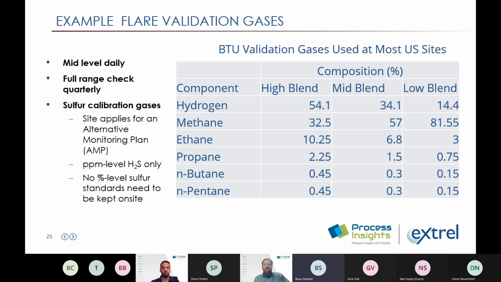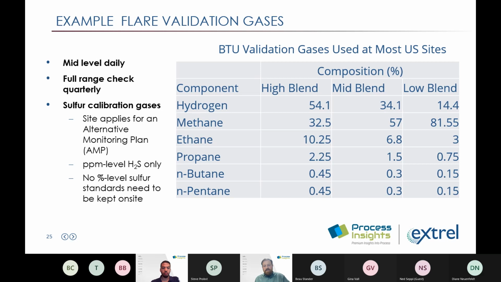Last thing I'll comment quickly on with regard to validation, for the sulfur rules, a lot of folks were required to do validations based on their historic highest level of H2S present in the flare, and actually to validate on a standard that was like 120% of the historical maximum. For a lot of sites, that meant high percent H2S gas, at some of these refineries. That's a really dangerous gas bottle to have on hand.